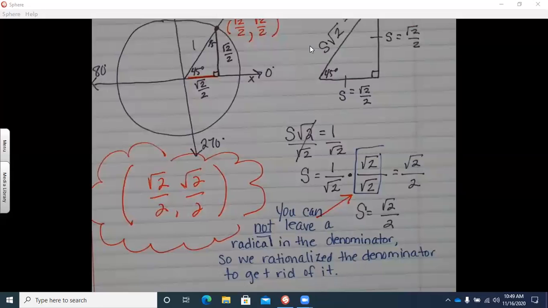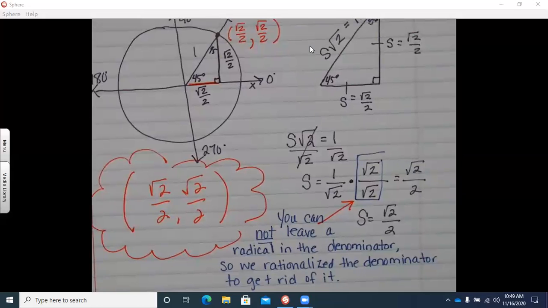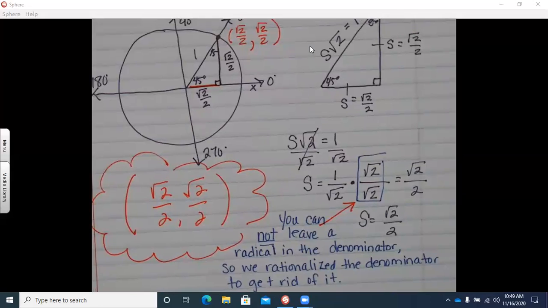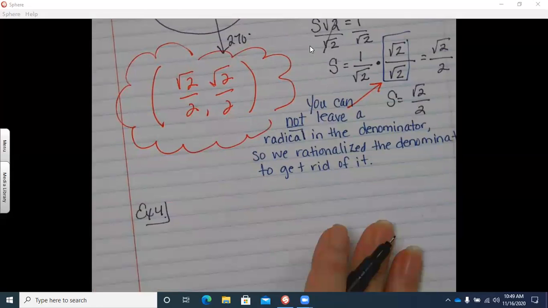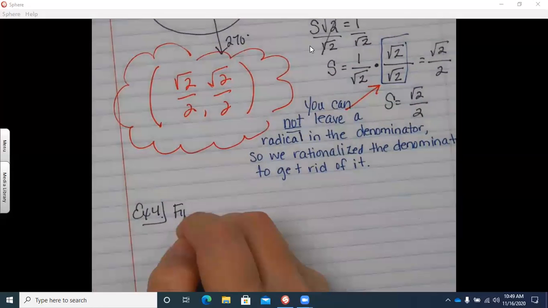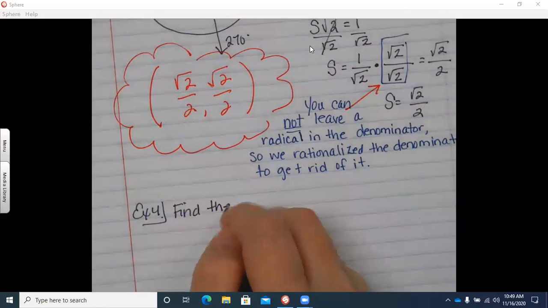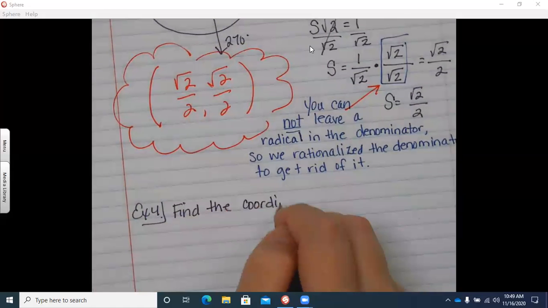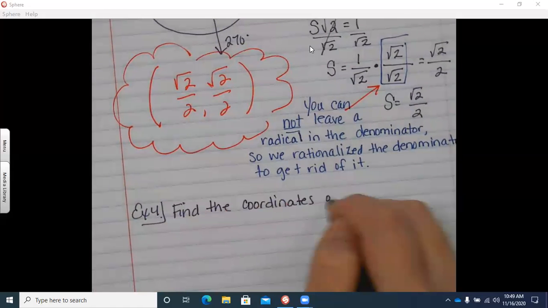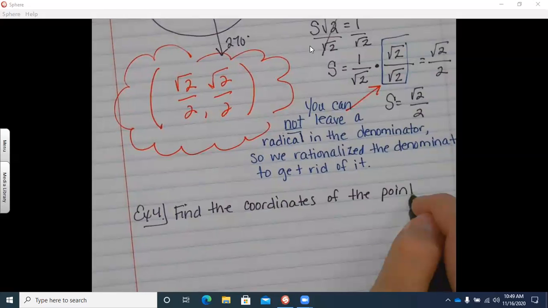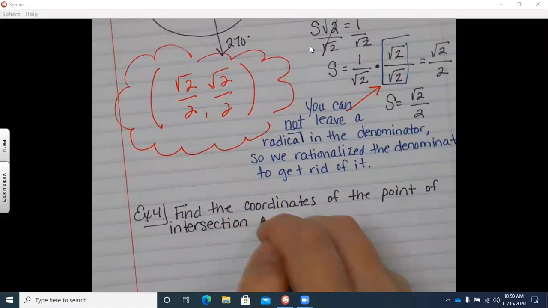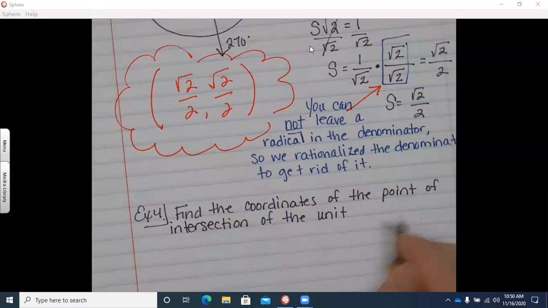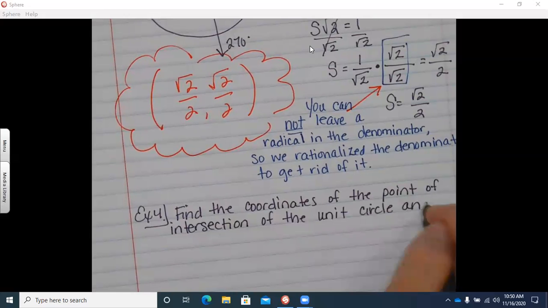Example 4. Find the coordinates of the point of intersection of the unit circle and a negative 30-degree angle.